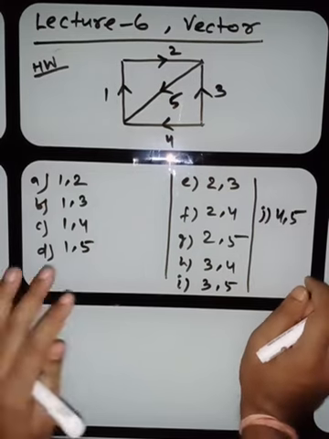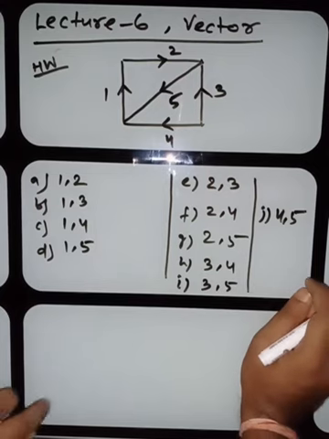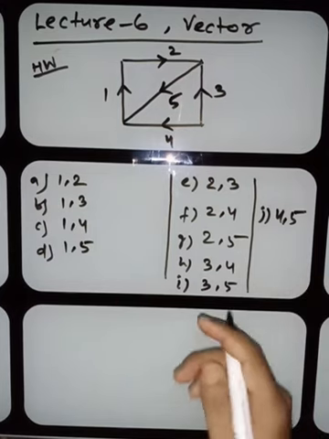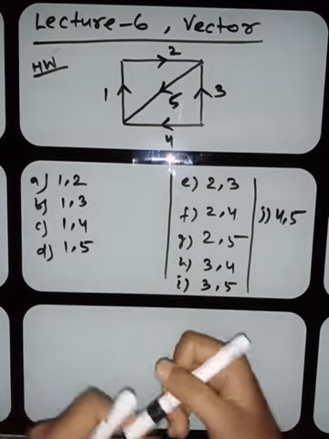Okay, now you have all the possible combinations. You don't have any other vector, so you have to find the angle between all these vectors.